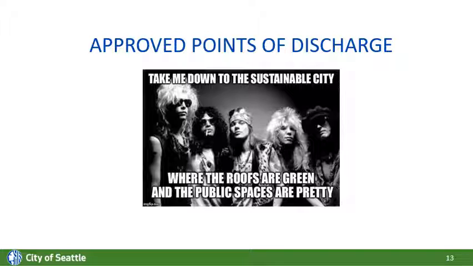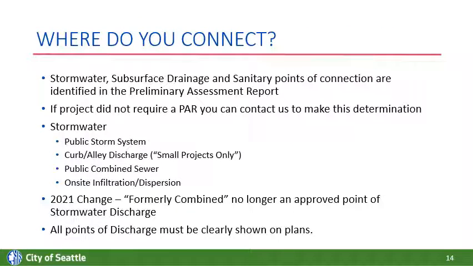So let's talk a little bit about approved points of discharge for your project. So where do you connect? This is one of the main requirements that we enforce during drainage review: where your stormwater, subsurface drainage, and sanitary points of connection are.